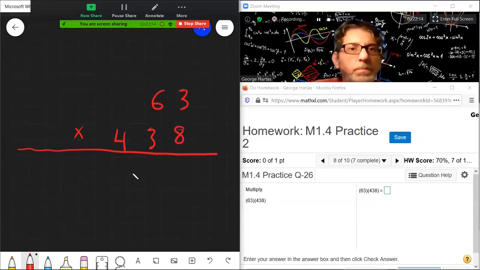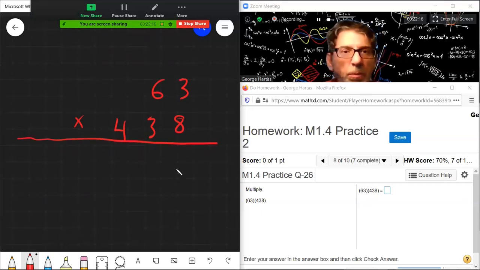All right. We're still multiplying, starting with this. 8 times 3, 8 times 6, and then 3 times 3, 3 times 6, and then 4 times 3, 4 times 6. So here we go. 8 times 3 is 24. Right-hand digit. Left-hand digit. 8 times 6 is 48. 48 plus 2 is 50.